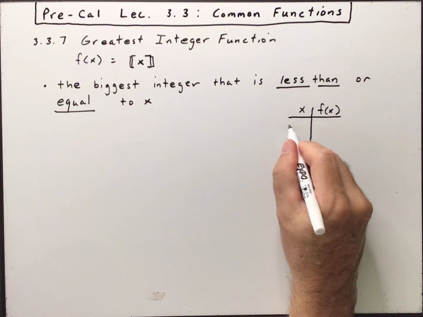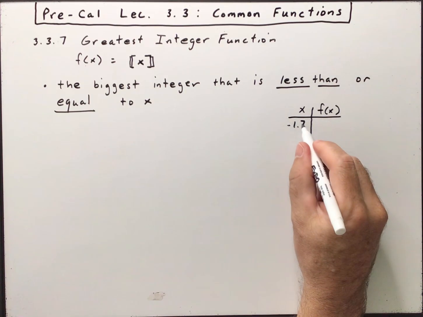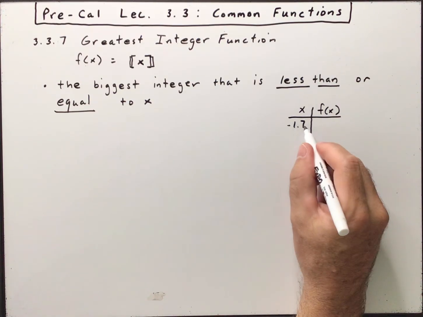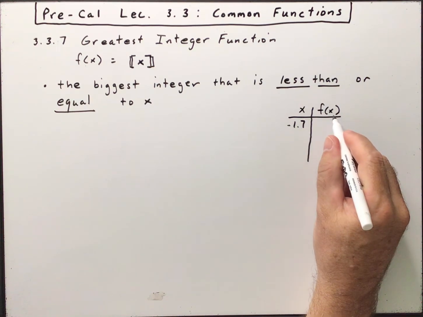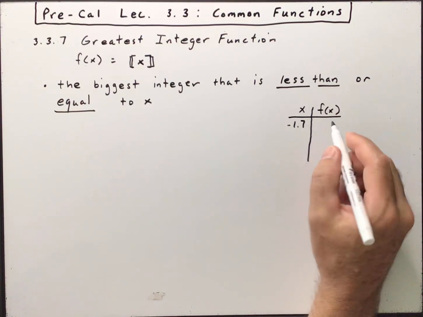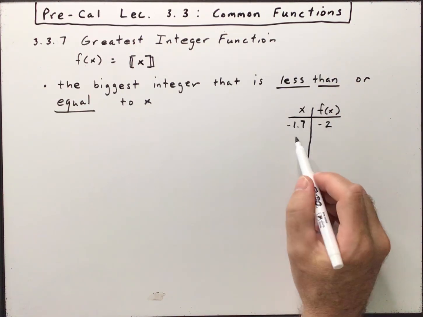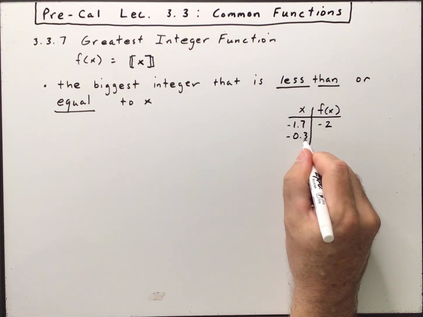So let's say x is negative 1.7. You always round down to the next integer. You're rounding down. So the greatest integer function, the f of x, will either be equal or less. So the next integer downward is negative 2. Let's say you have negative 0.3 for x.